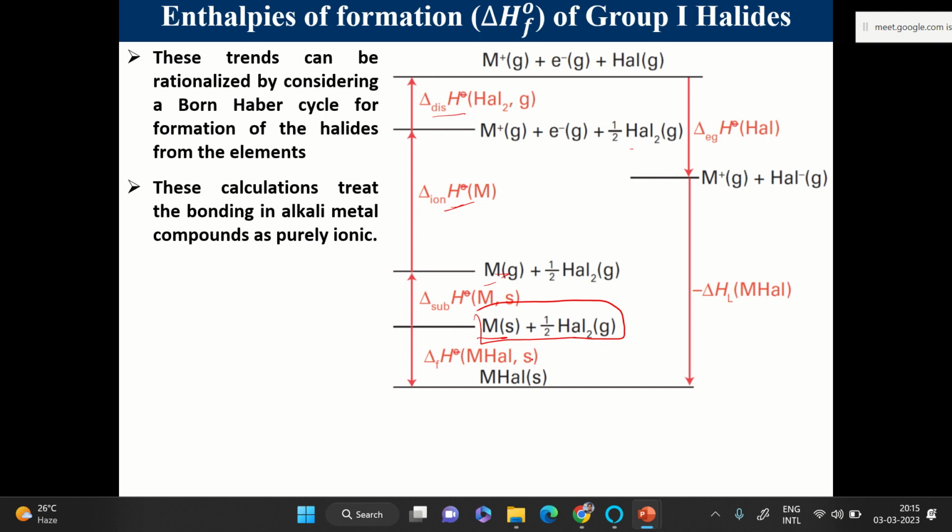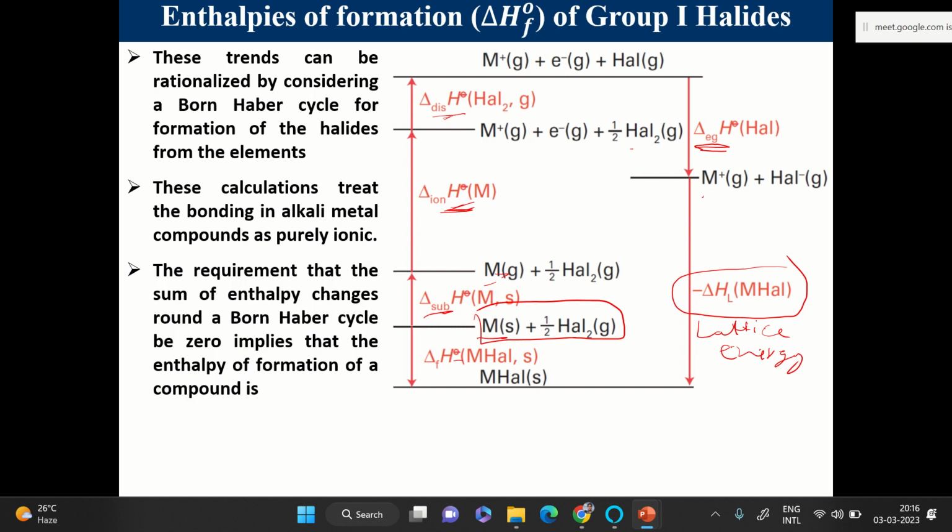So this is your formation enthalpy, which can be represented as a sum of the sublimation enthalpy, ionization enthalpy, dissociation energy, electron gain enthalpy for the halogen, and then the lattice energy. This is lattice energy, or more precisely expressed as lattice enthalpy.